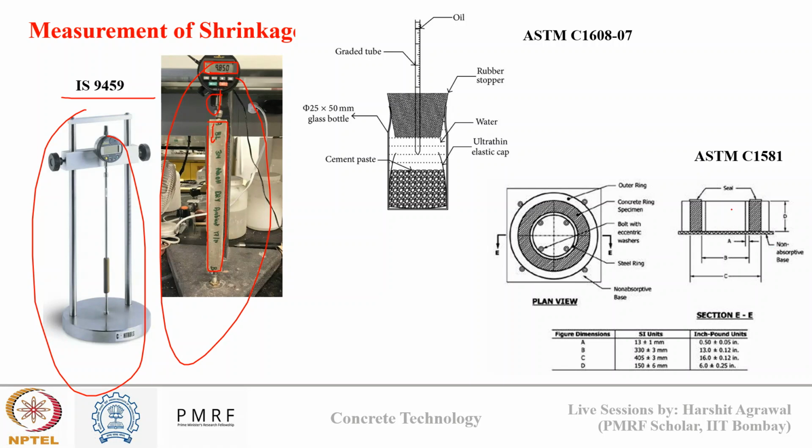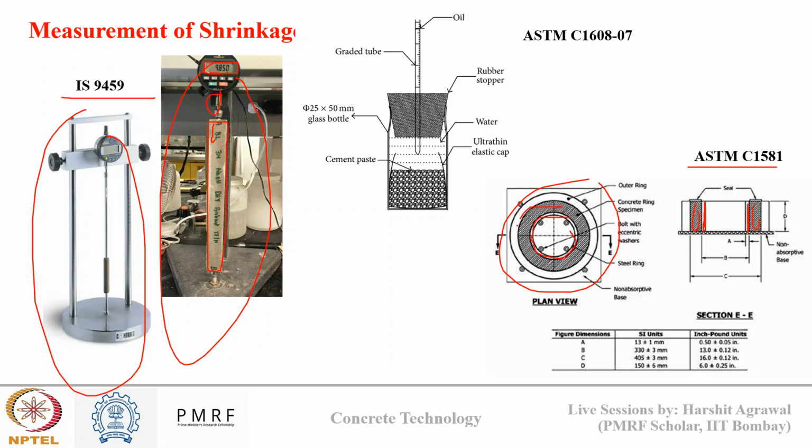In this image you can see a guard ring, the restrained ring test, that is used to evaluate shrinkage induced cracking in concrete, and this is based on ASTM C1581 method. In this we prepare a concrete ring around a steel ring. So this is steel and this is concrete around it.